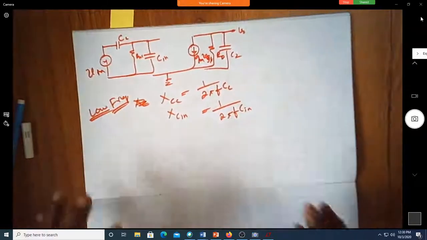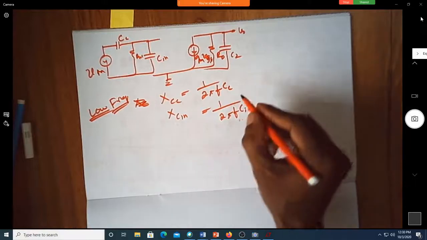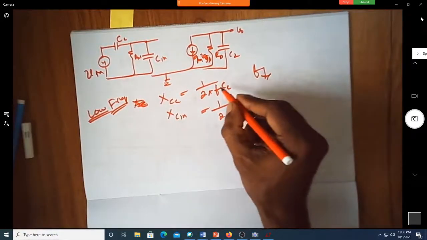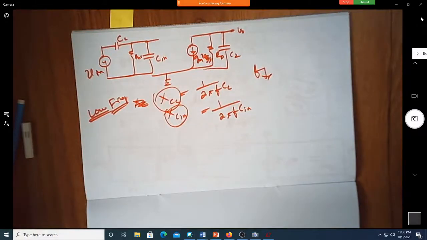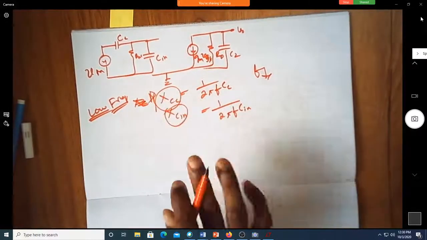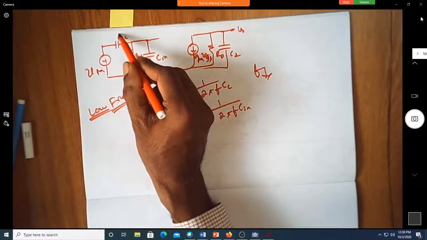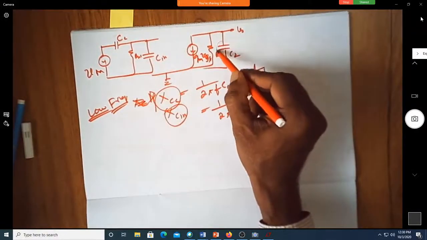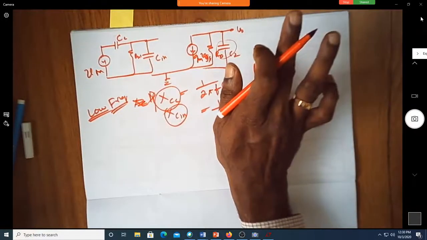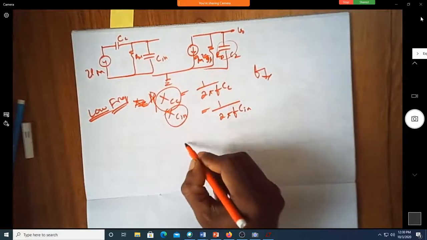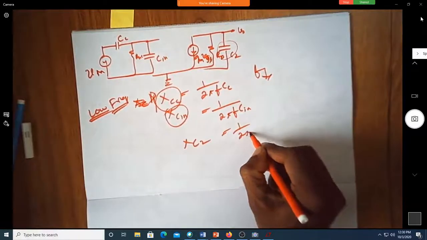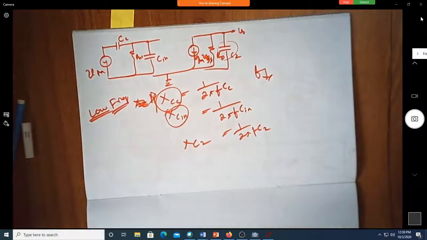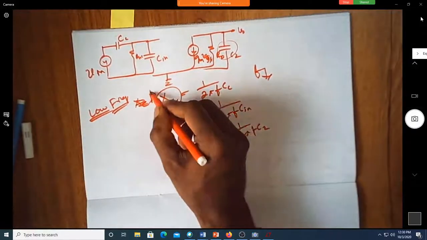When the frequency is low, these two values will be high. Let me also write XC2, which is 1 over 2 pi F of C2. So all of them are high.